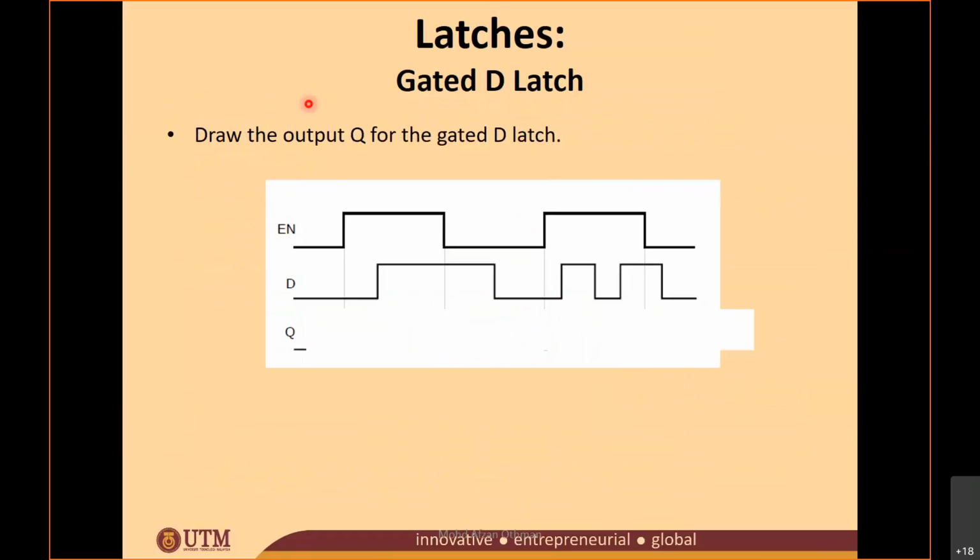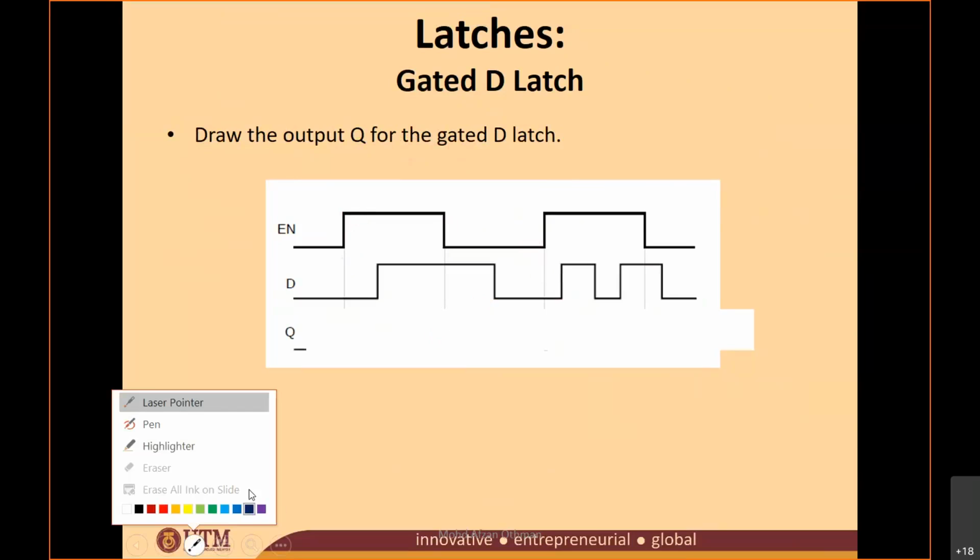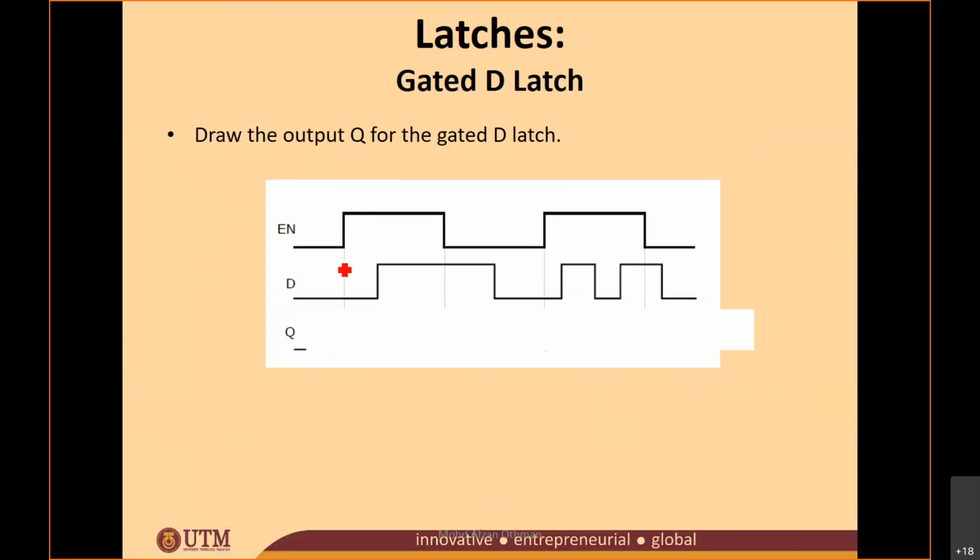Okay, so draw the output of Q based on the gated D latch. Sama jugalah tadi. Draw dulu straight line untuk setiap edges kat sini. Okay, bucu kat sini kamu draw dulu straight line.